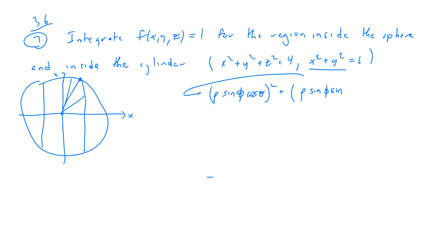So it would become that. So the first two parts are the same, rho squared sine squared phi, and then cosine squared plus sine squared, which is 1. So it does simplify a little bit.